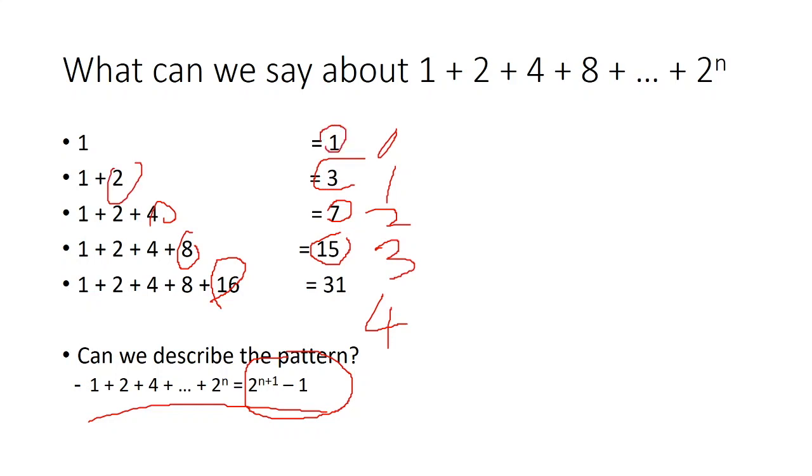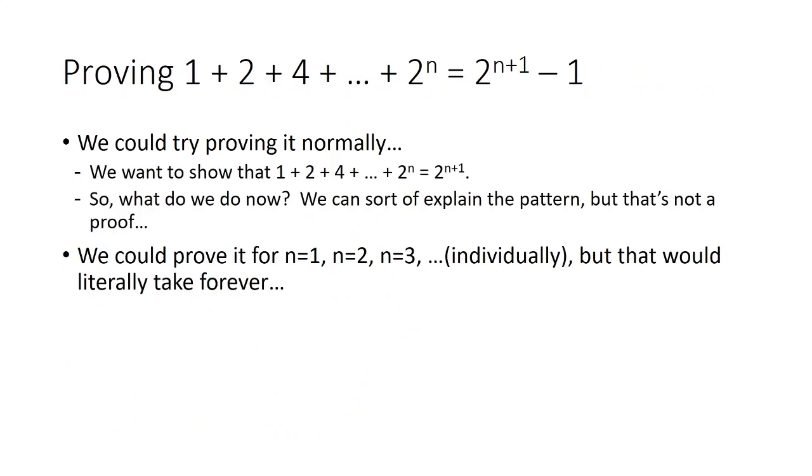This pattern is true for these 4 cases, but we have to generalize this pattern for all cases. So here we have a problem. The left side and right side are equal. We have seen 4 cases, actually 5 cases. They are true, but we want to make sure this is true for all natural numbers.